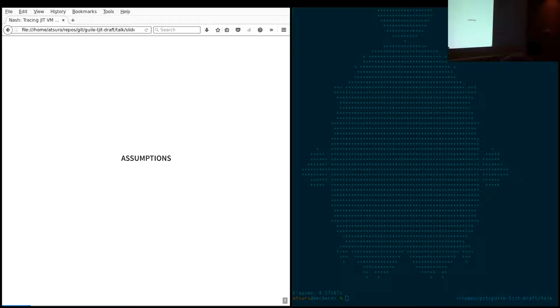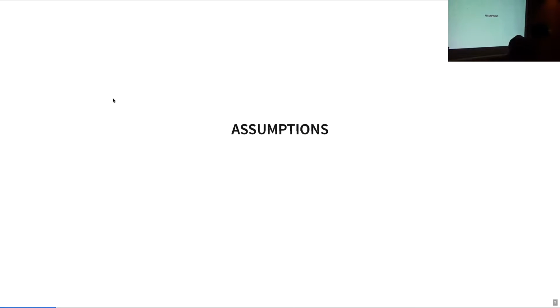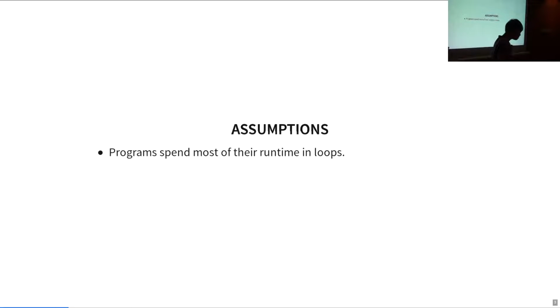So, a tracing JIT. A tracing JIT has some assumptions to achieve performance improvement, and one is that the program spends most of the runtime in loops. A typical tracing JIT has a bytecode interpreter, and the interpreter observes the bytecode instructions and seeks the hot loops.